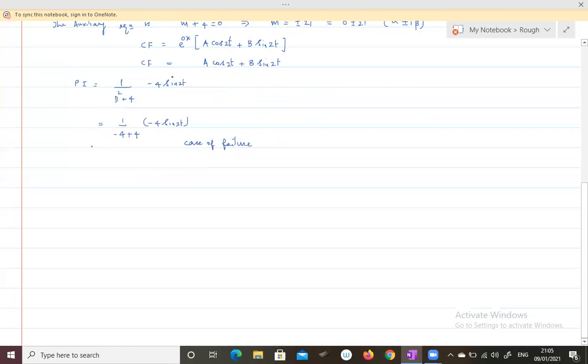So the particular integral is equal to, differentiate the denominator, 2D. In the case of failure, we differentiate the denominator and include the variable t in the numerator. Then the remaining minus 4 sin 2t as it is.